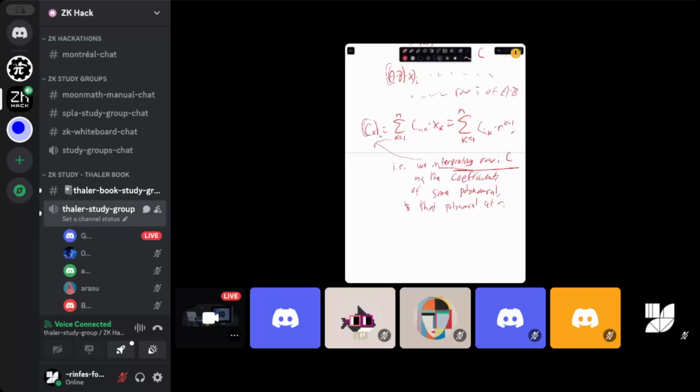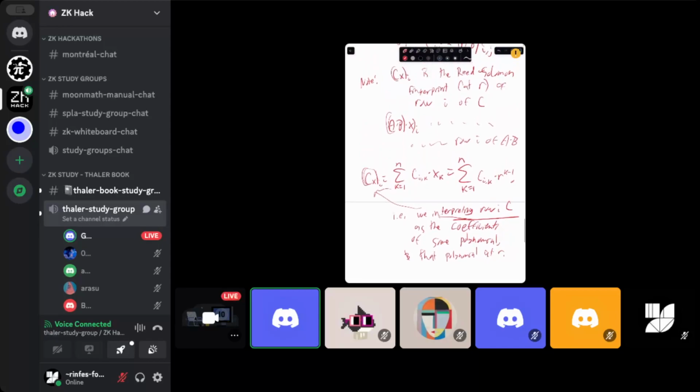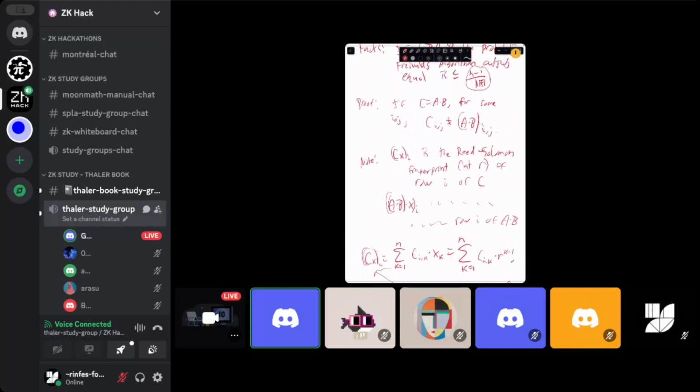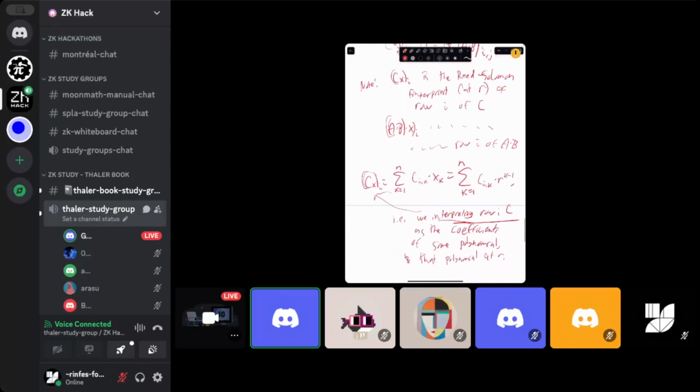And so if there's some entry ij in row I of C where the ijth entry of C does not equal the ijth entry of A times B, what we're doing here is taking two Reed-Solomon fingerprints of different vectors.